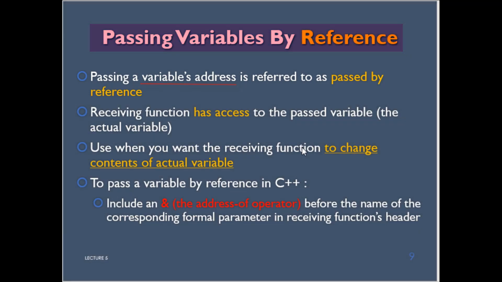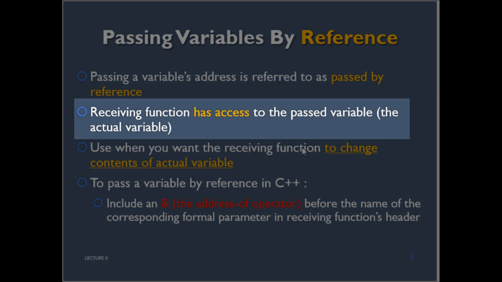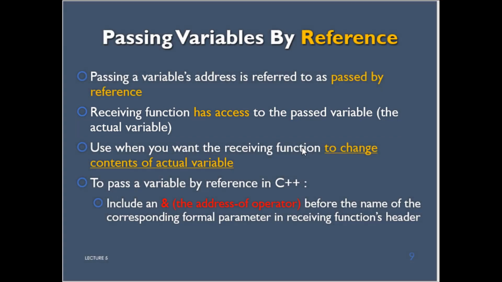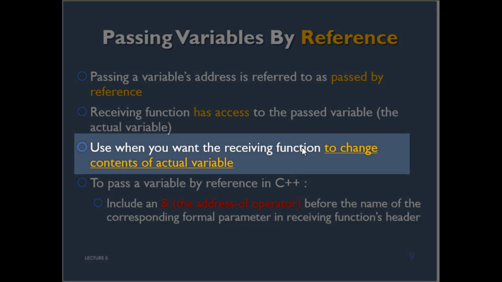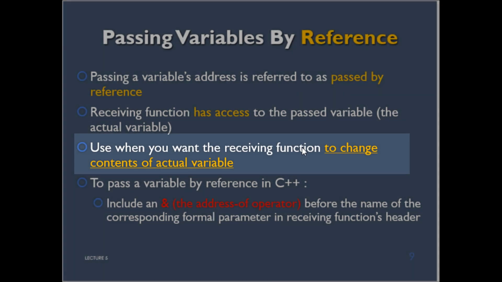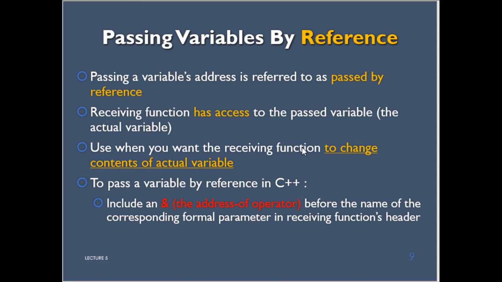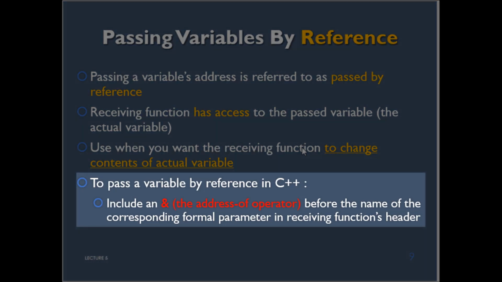So what happens is that if we do this, the function definition now has access to the actual arguments for the passed variable. You only use pass by reference when you want to change the value of the actual arguments. Otherwise, you don't need pass by reference. You only need to use pass by value.